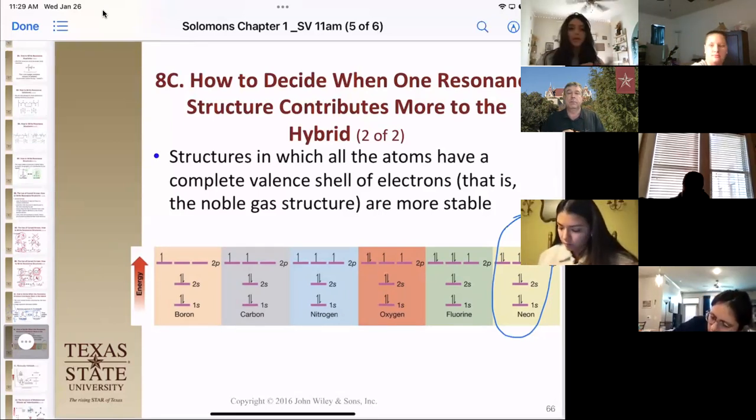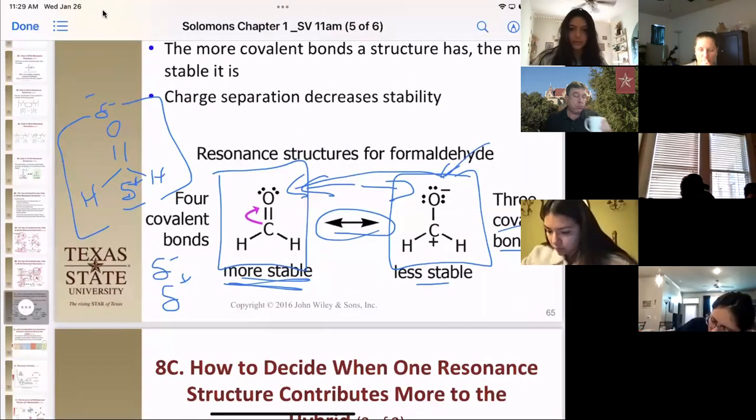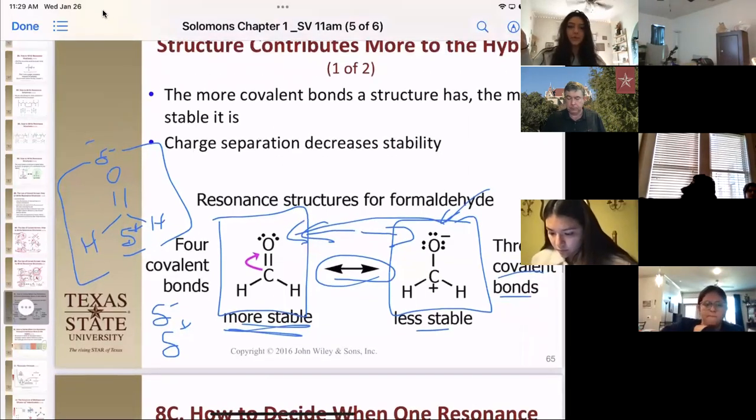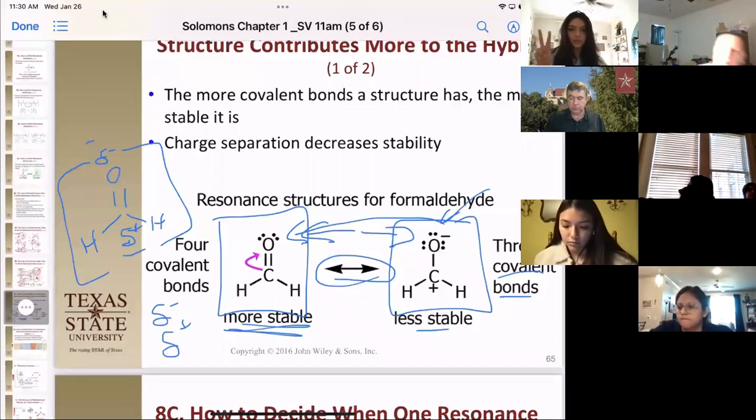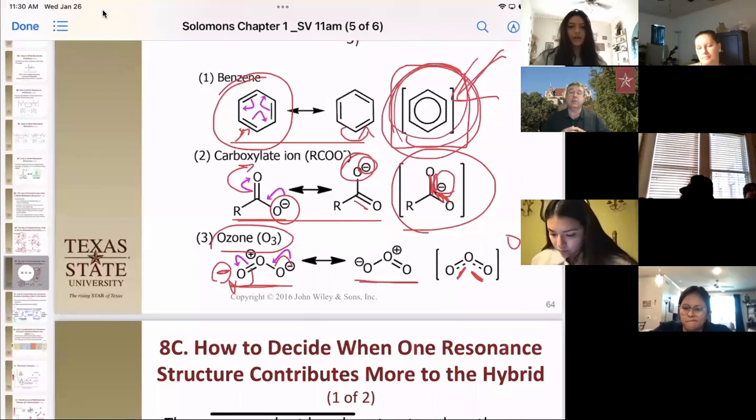Oh, I have a quick question. Whenever we're looking at the structure and we see that negative on the side, like on slide 64, and we see that it's moving and creating another bond, does that mean that there's 2 electrons that we're moving, or is it just a single electron? 2 electrons are moving.